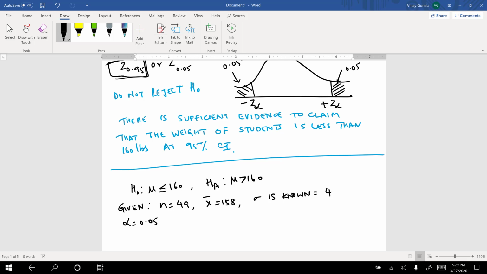Because n is 49, which is greater than 30, and sigma is known, we will be using z stat, which is known variance in our sheet.